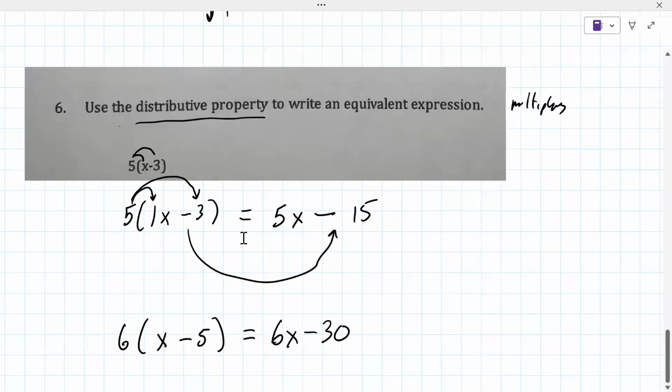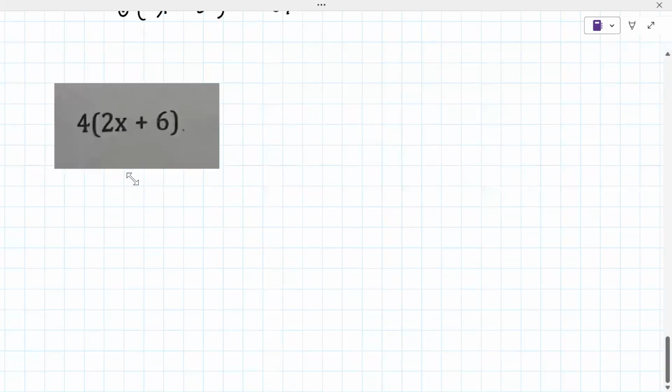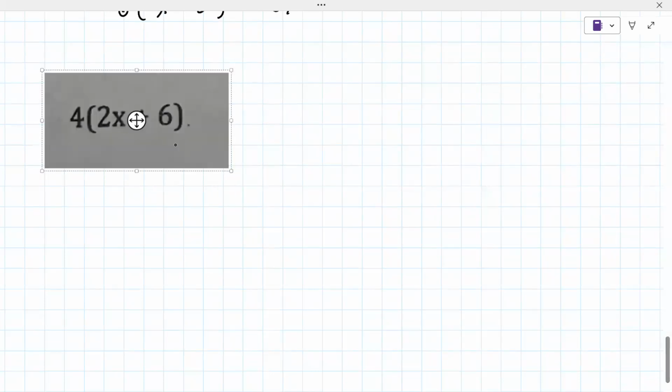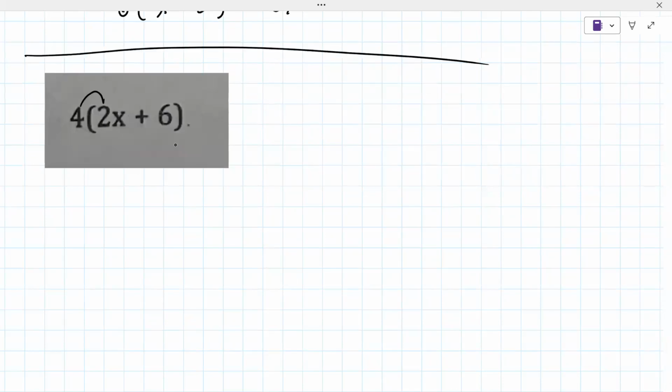Okay. All right, so now let's look at the next one on 6. Right. So this time you're going to take that 4 and you're going to multiply it by the 2 and the 6. So can you tell me what this becomes, please?